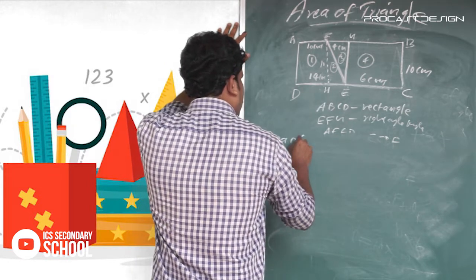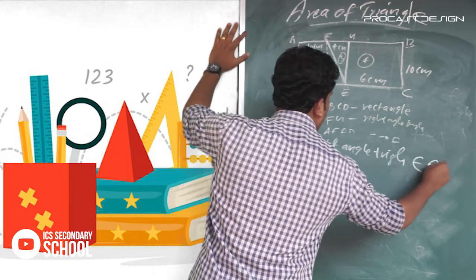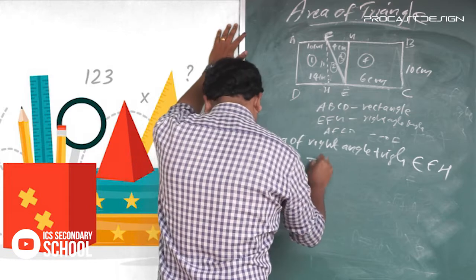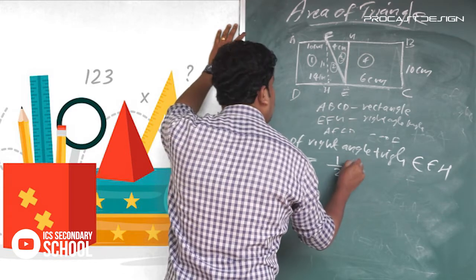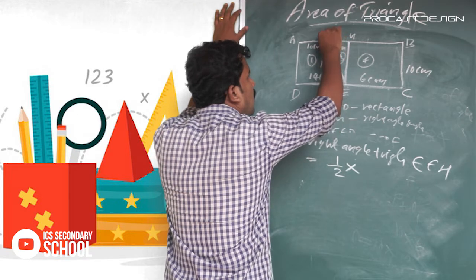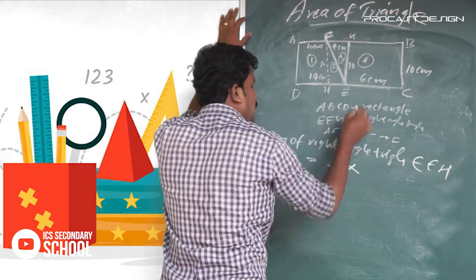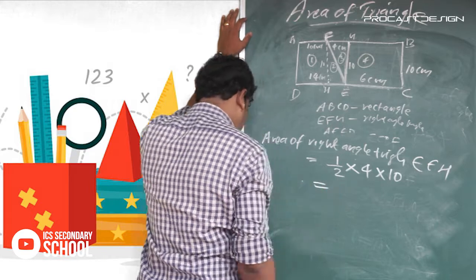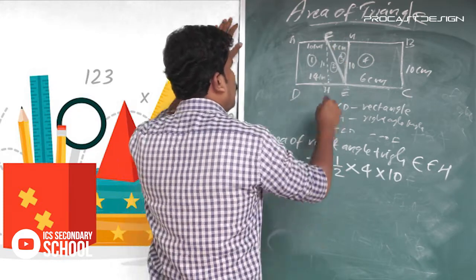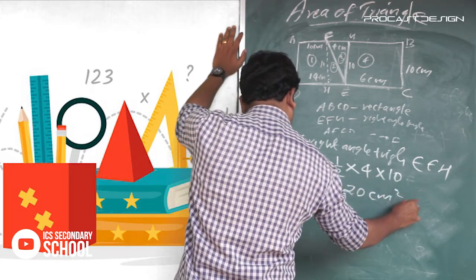It is equal to half into this side length 4 centimeter, and this is 10 centimeter, so half into 4 into 10, that is equal to 20 centimeter square.